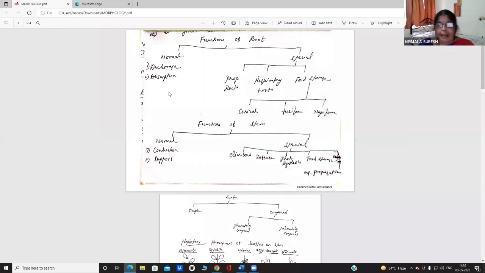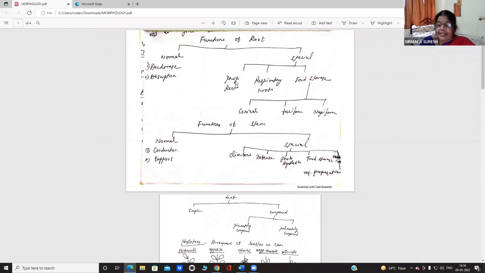Any root will do, but apart from that, there are some plants, very few examples in the reader, with specialized functions like prop roots. Prop again is a Latin term which means pillar. So the prop roots are like pillar roots in the banyan tree. The banyan tree can be shown as an example. And suppose we have a smart board in the class, we can show them the Google image of the banyan tree.